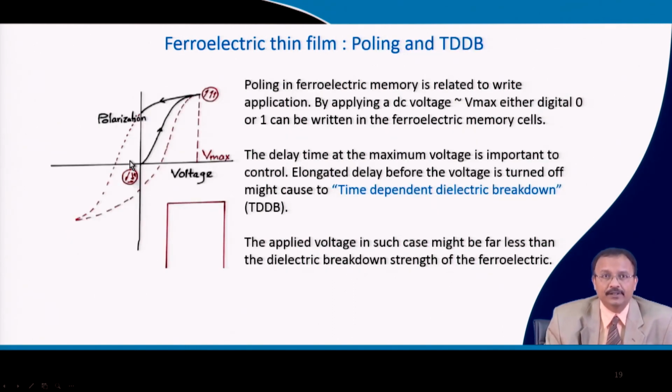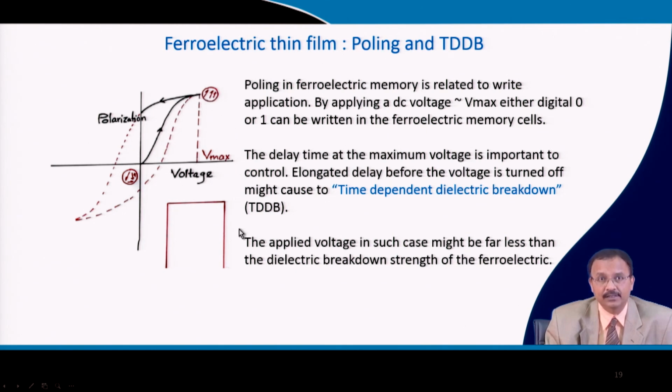Now, in the virgin state, you know that the domains are in all possible directions. So, if you apply a DC field, and there is a soaking period of this field, and this voltage is more than the coercive voltage and very close to the maximum voltage which this film can withstand, this operation is known as poling, where from the random polarization state it basically goes to one polarization state, which is in the direction of the applied field.